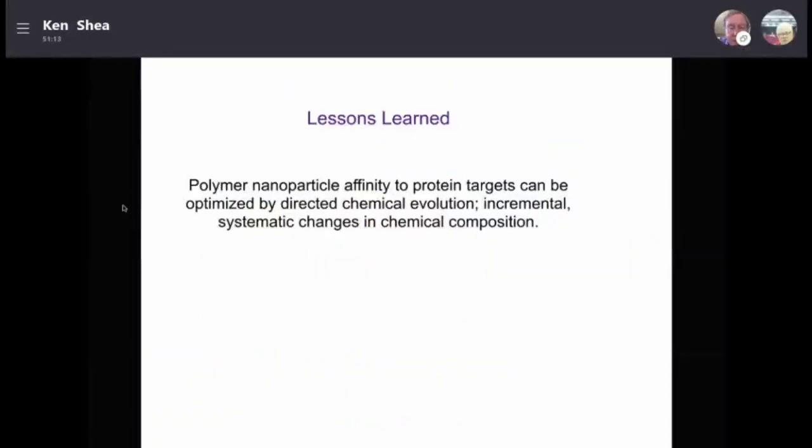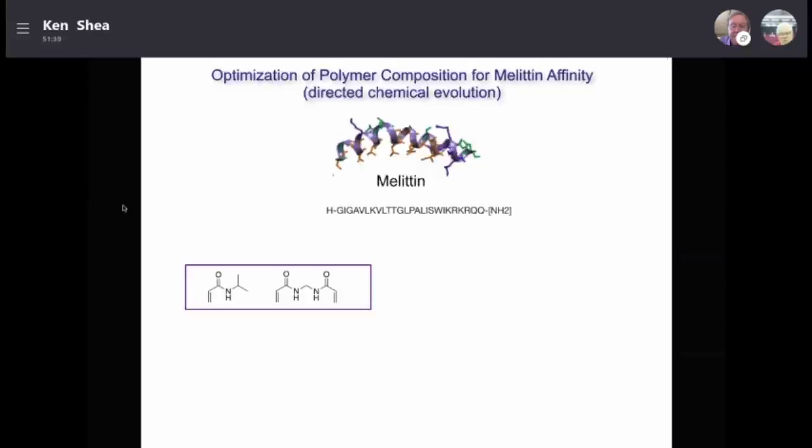The lessons learned from these preliminary studies is that we can make polymer nanoparticles with affinity to protein targets. They can be optimized by a process that we call directed chemical evolution, by making incremental, systematic changes in the chemical composition of the nanoparticle.